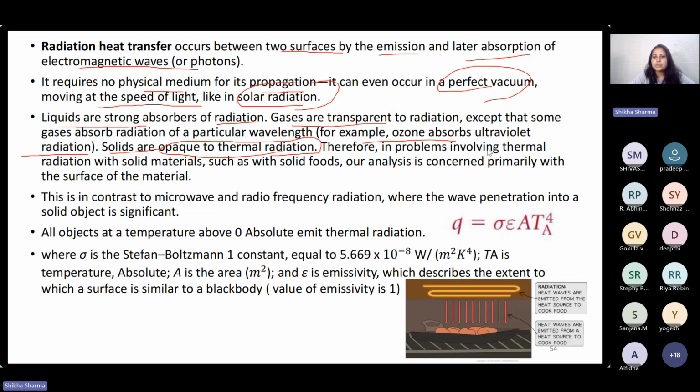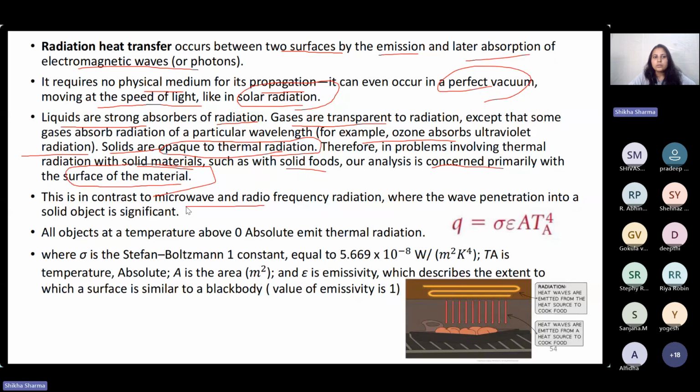Therefore, when we are dealing with radiation and solid materials such as solid foods, we deal with the surface of the material because these are opaque. Foods are solid materials and they are opaque to radiation.